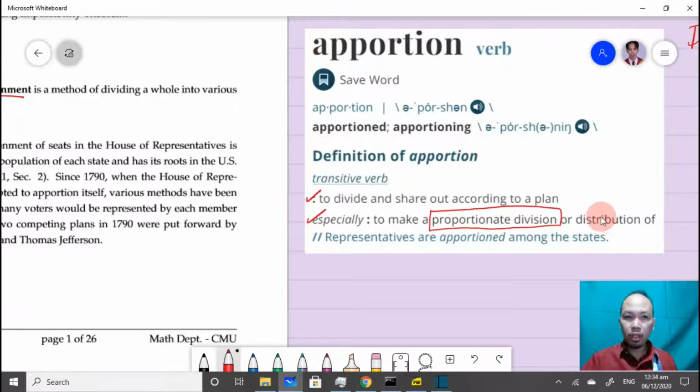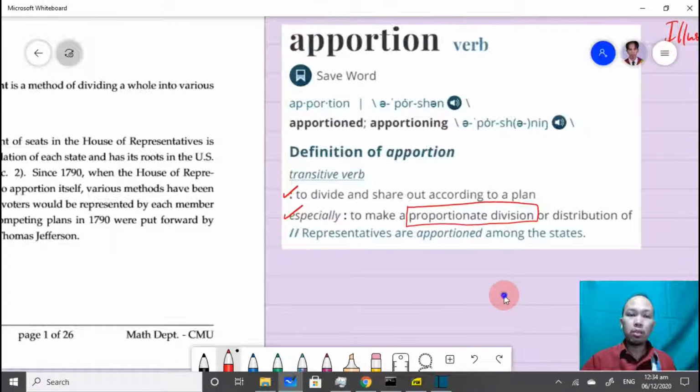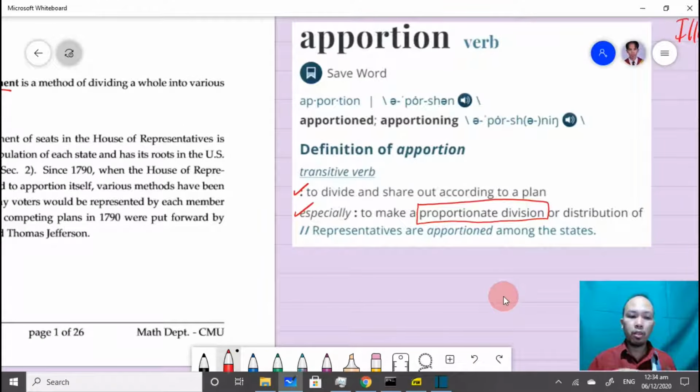So for example, if you have 500 laptops, and you are going to distribute those laptops to schools, for example, there are four schools: CMU, BSU, Philippine Computer College, and maybe MSU IIT.